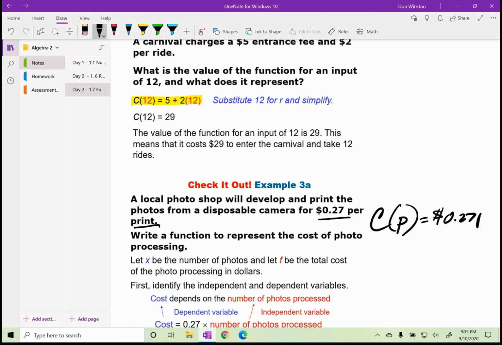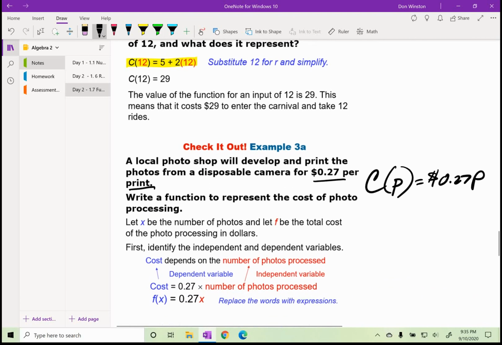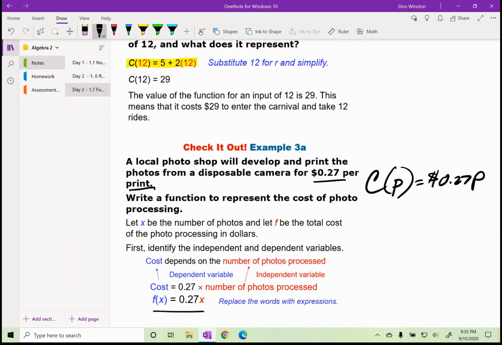Let's see what they use. They use f of x is equal to 0.27 times x. I use C and P. The cost depends on the number of prints. So that was the equation I came up with, although that would be acceptable as well.